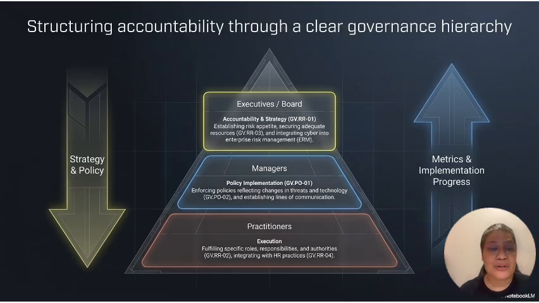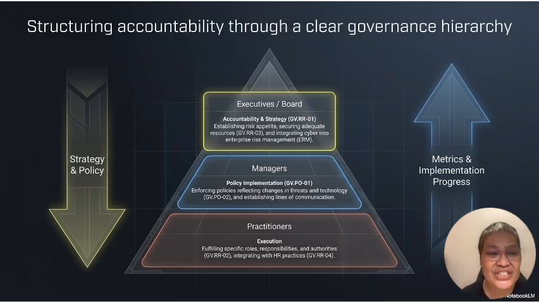Then finally, the bottom, these are the practitioners. Many of you will be in this realm, right? When you graduate, you'll be executing the different activities, actions, the roles, the responsibilities. You will also have technical authorities because you are in security, no?